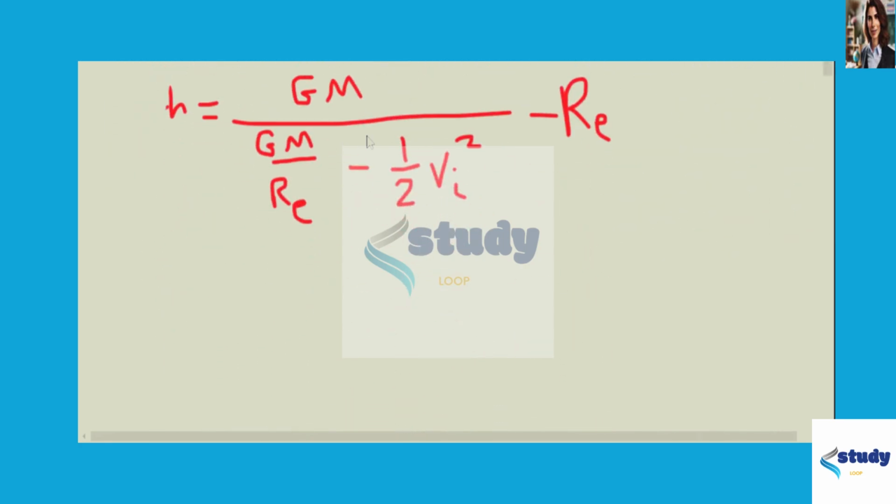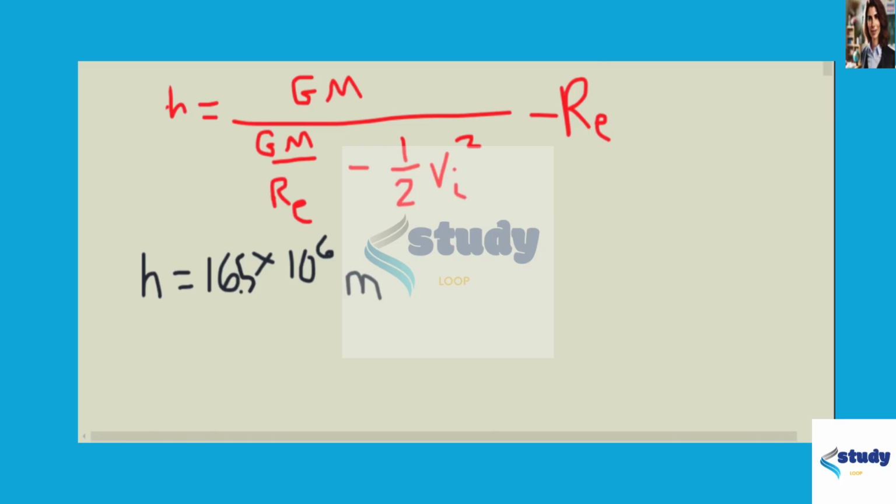Okay, there we go. So that gives me h equals 16 times 10 to the 6th power meters. Yeah, I'll write 16.5 times 10 to the 6th power meters.